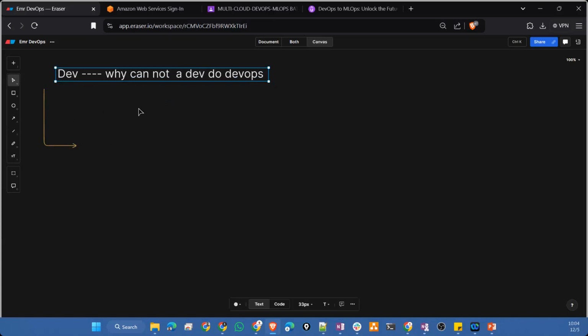DevOps is booming in the market because it involves certain phases. A developer is completely focused on coding and developing the application. He lacks knowledge and practice of the best practices on the operations side.